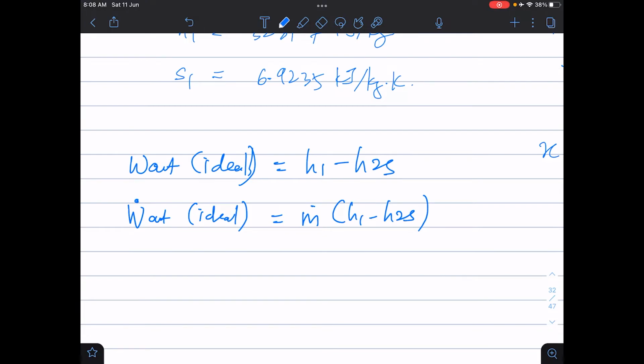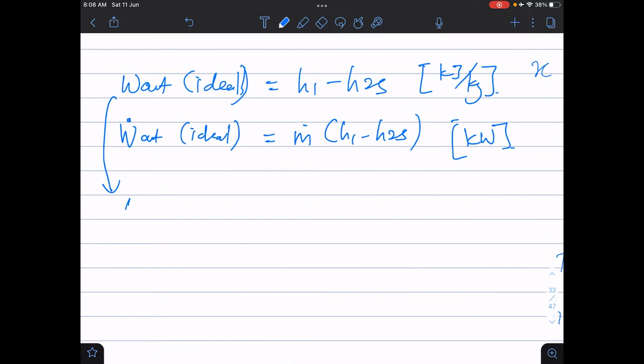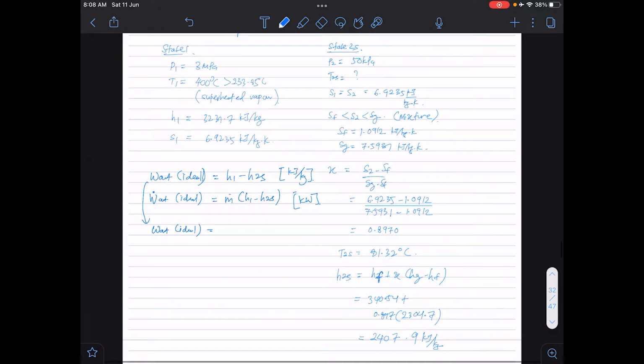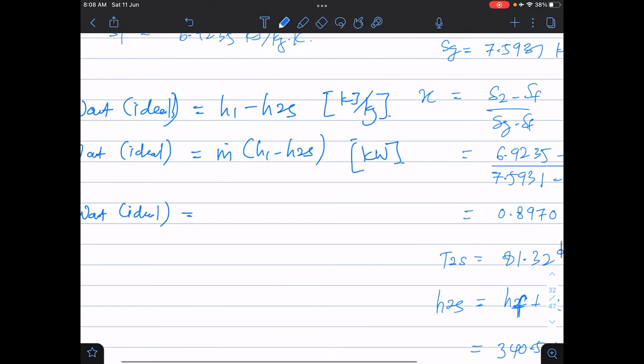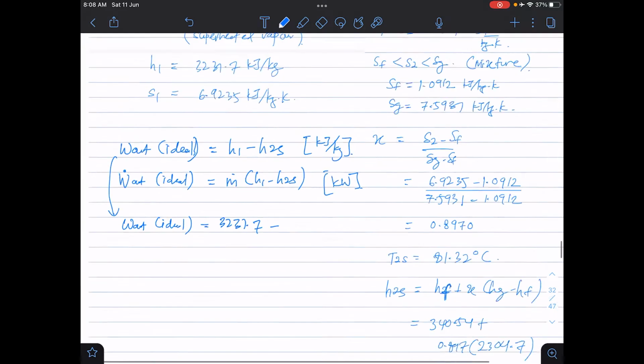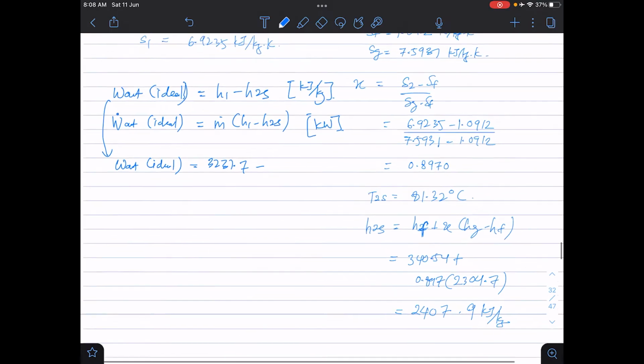Since there is no mass flow rate given yet, we can first get the work output in kilojoule per kilogram. So the work output for the ideal one is equal to H1, 3231.7, minus H2s, 2407.9.